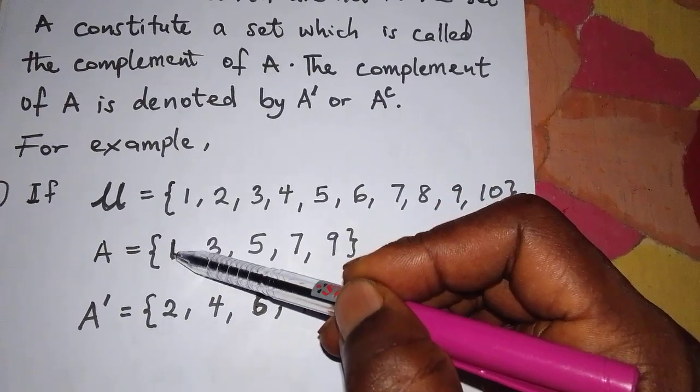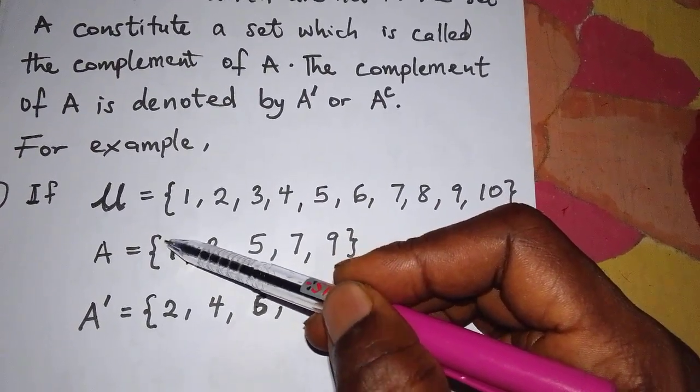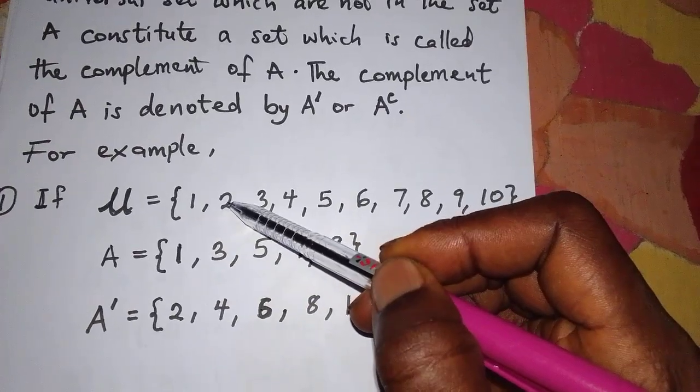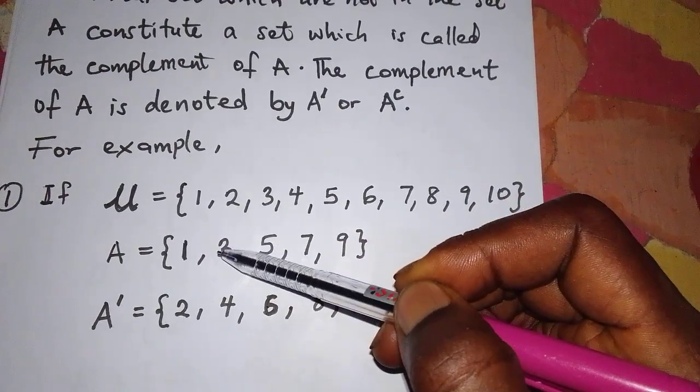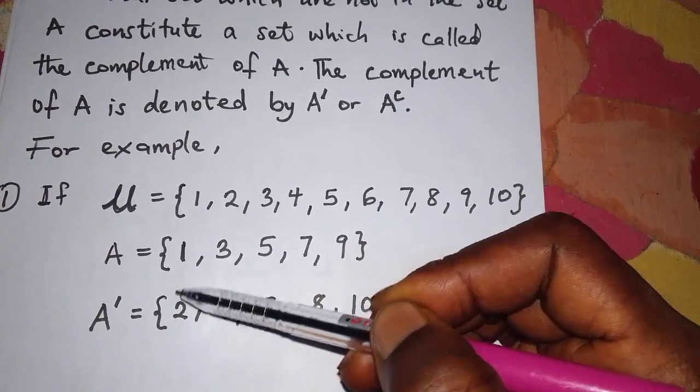Now you realize that here, in set A you have 1. 2 is in the universal set, but not in set A. So you write 2 down.